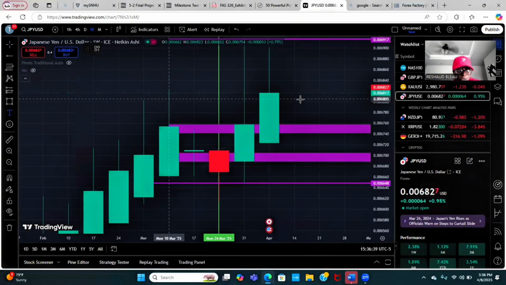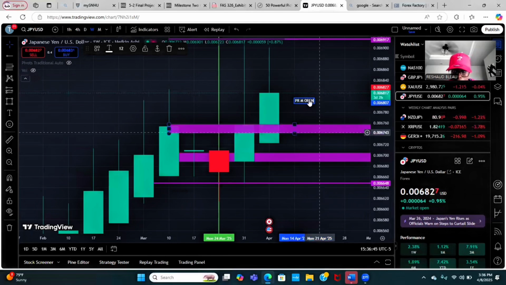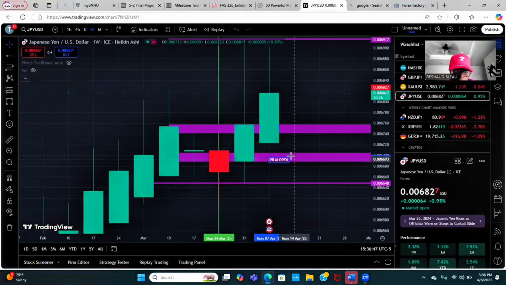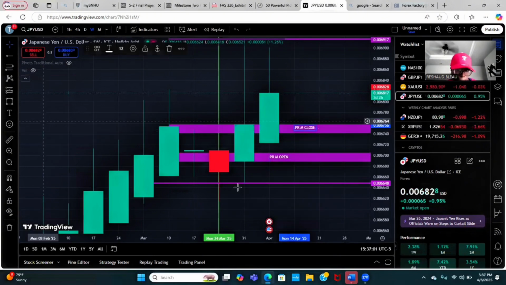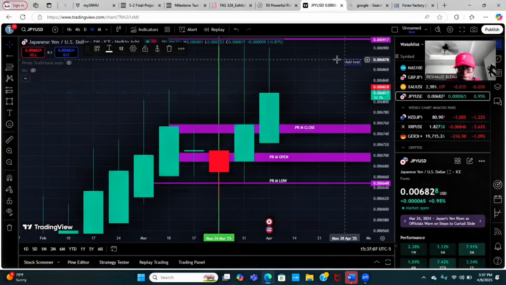So you have the previous monthly open, open low, and then when we buy low, sell high, and then the previous monthly close will be at the top. Then we have the previous monthly low, and then last but not least, we have the previous monthly high.